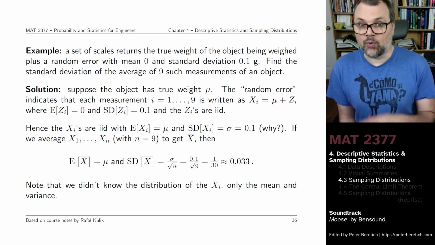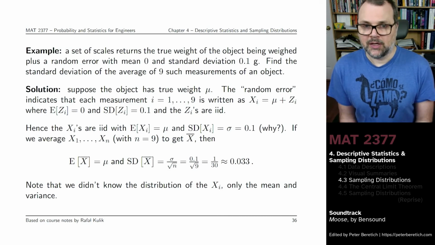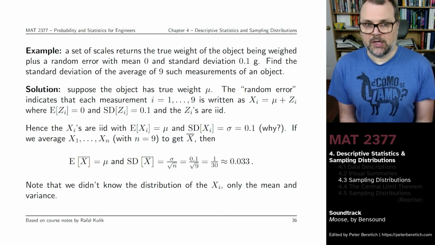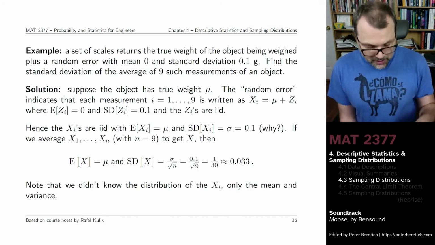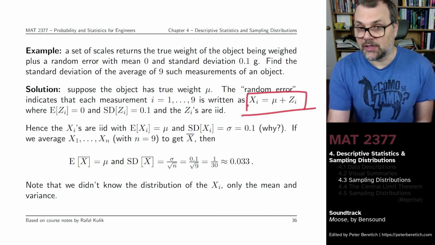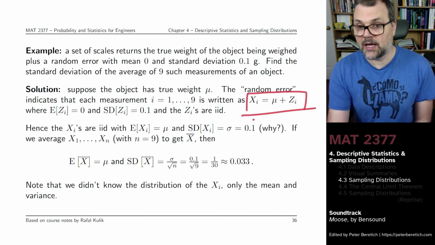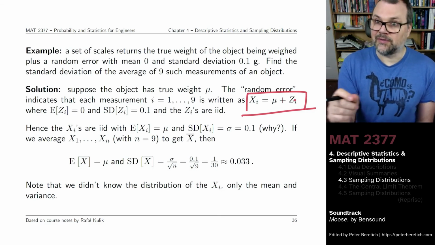So we'll just look at one object here that is being measured 9 times. So let's say that the true weight is mu. The random error basically tells you that whenever you measure the object, you will get something like mu plus zi. Xi, that's the measurement that is being returned by the scale. Mu is the true weight, unknown, and zi is the noise, the deviation.